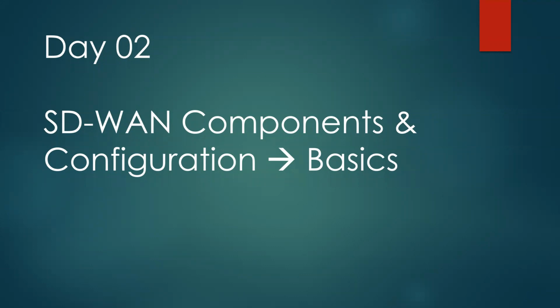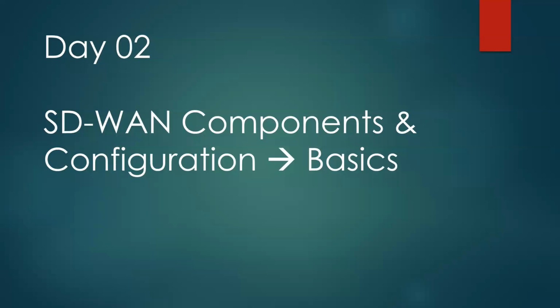All right. So as we know, we have two components: controllers, or a group of controllers, and the edge devices, or the branch edge devices, where we may have Cisco ISR routers or Cisco devices termed as a C-Edge, or we may have Viptela devices termed as a vEdge.